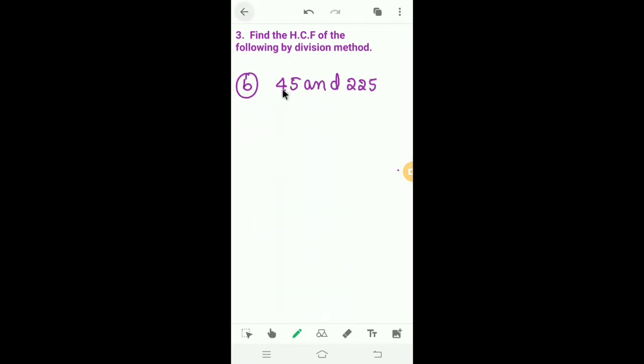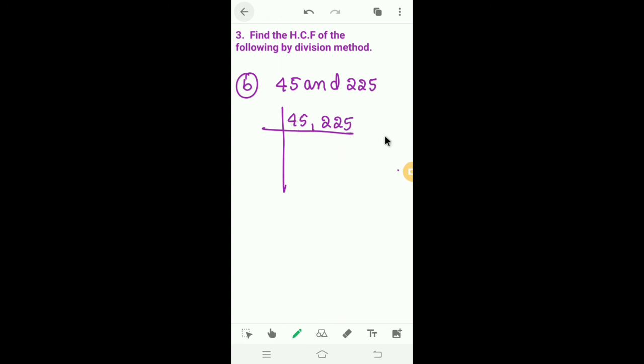Next, we have to find the HCF of 45 and 225 by common division method. So first we have to write the numbers together separated by commas: 45, 225.